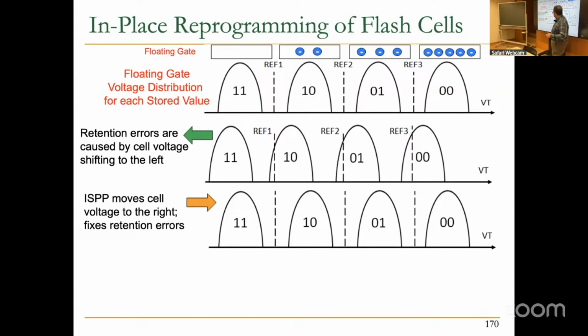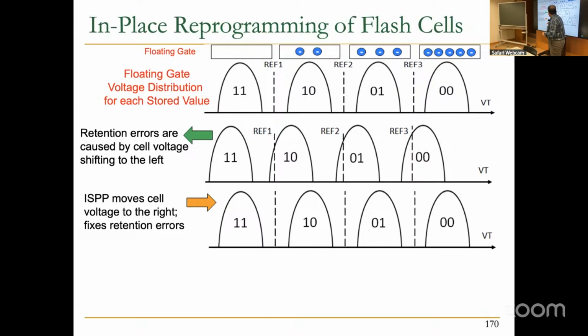The problem is that this one is less effective, or at least it's not easy to do, because when you do in-place update, you're going to see program interference. When you're programming, you're causing some interference to neighboring pages.